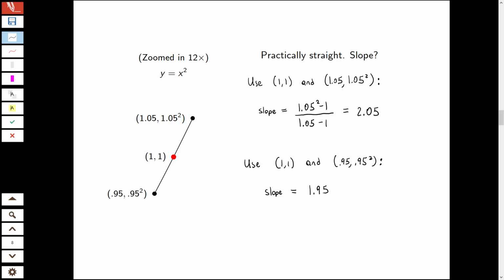And again, the reason why we get different slopes when we use different points is because we don't actually have a straight line segment. But again, we see that the slope appears to be around equal to 2. And in fact, these numbers that we got, 2.05 and 1.95, are much closer to 2 than the values that we found before, which were 2.2 and 1.8.